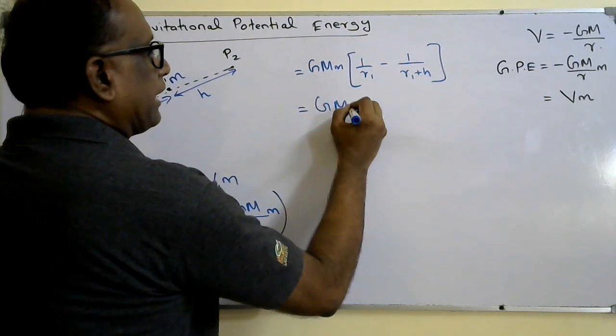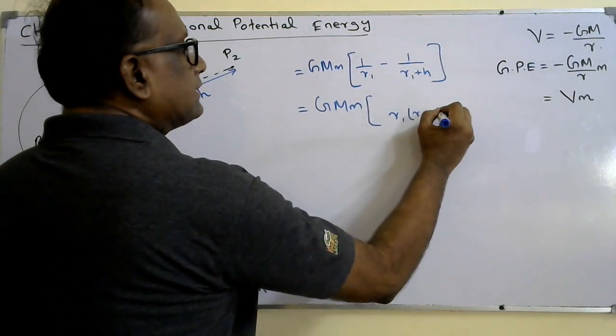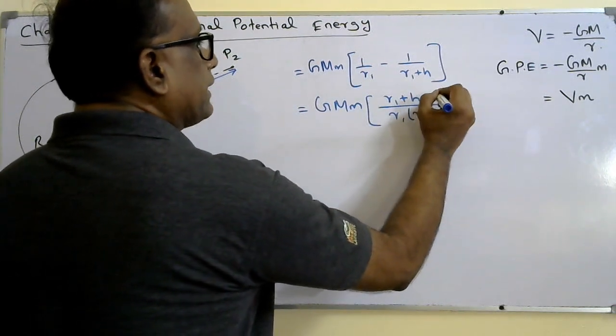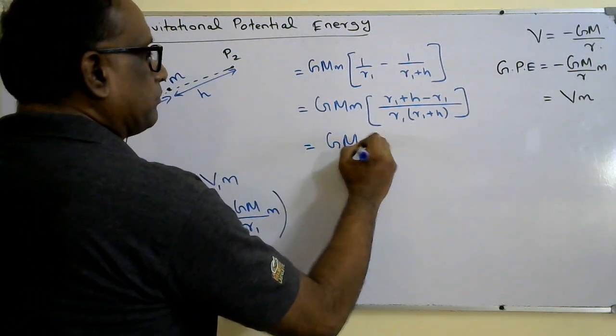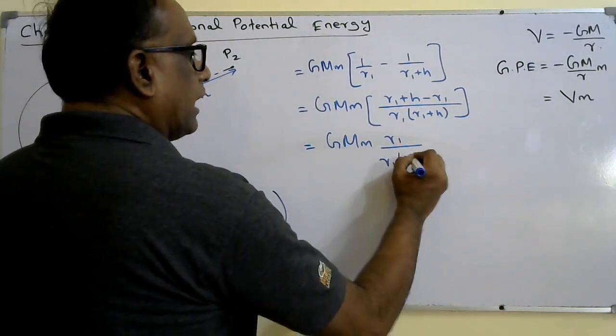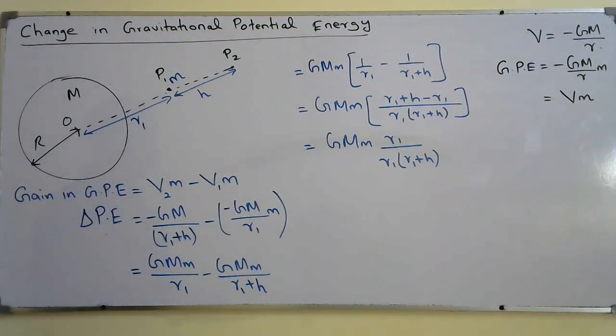R1 plus h is the LCM, so R1 plus h minus R1. So it's going to be GMm h over R1 into R1 plus h. Now this is the increase in gravitational potential energy.